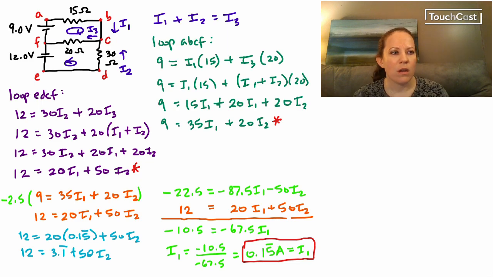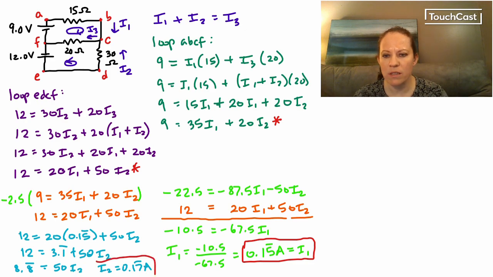So I will get 8.8 when I continue with my algebra here equals 50 I2. And I'll get a value for I2 equal to 0.17 repeating decimal amperes. So again, let's mark that one in red because that's also important.